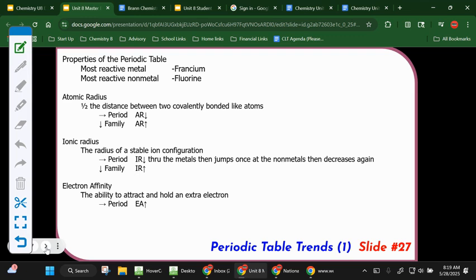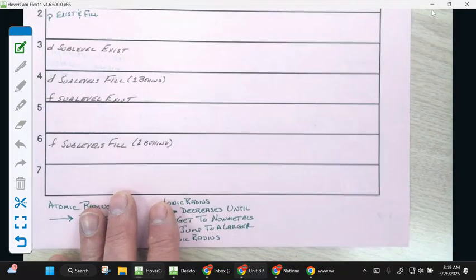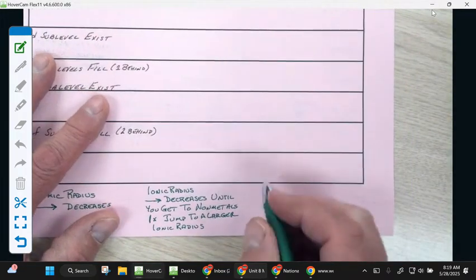So this trend does not go into the noble gases. Okay? So as we go across the period, electron affinity increases because we go from being metals to being nonmetals. But do not include the noble gases. The noble gases do not want to attract and hold on to an extra electron. Okay? So again, we're going to start out by going across the period.